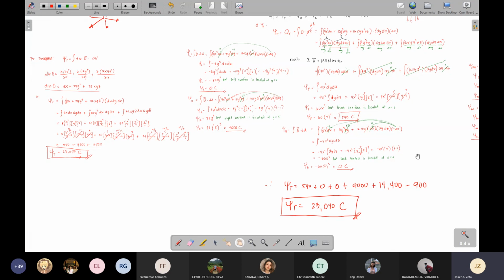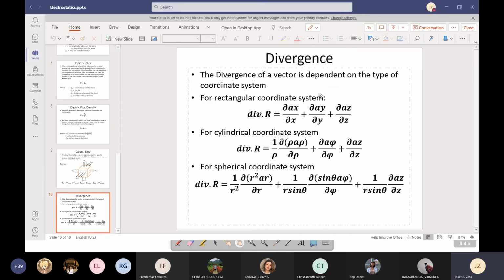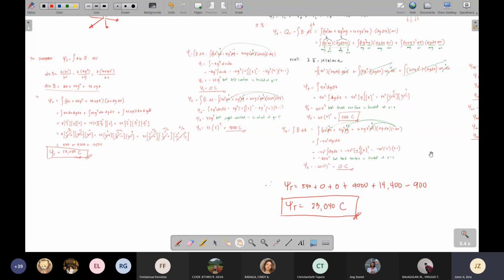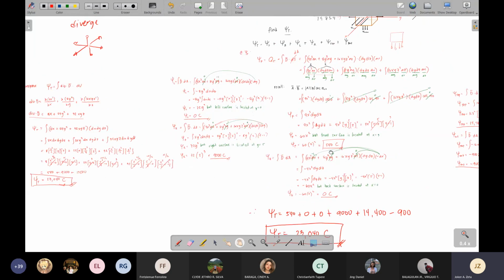For Gauss law, you only integrate. For divergence, you differentiate first. But take note that the formula for the partial derivatives in divergence is fixed. You have to take note of the formula, whether rectangular, cylindrical, or spherical. So, all in all, there is no new process. It's just integrate and differentiate. We keep going back to your calculus.